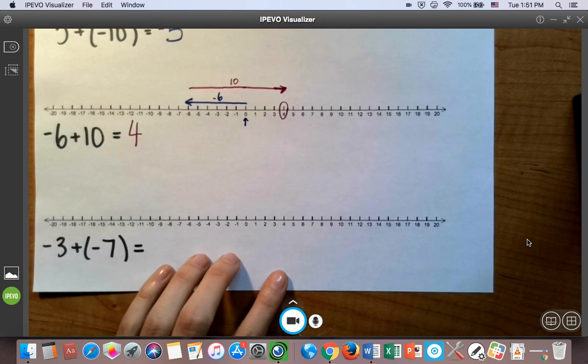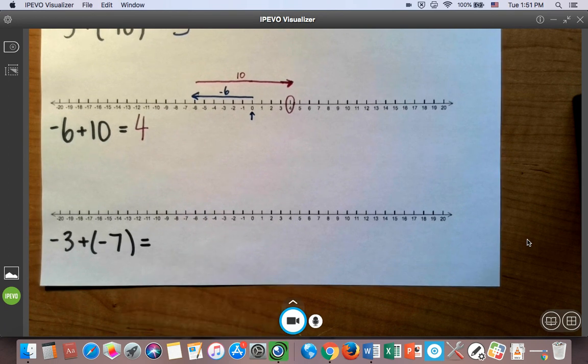Now, we're going to look at this last one here. I'm going to do the first step and then I'm going to pause. And I want you to pause this video and try to do it on your own. Either draw it on your own, or use your finger on your computer and try to solve it on your own. But what we want to do first, what does my addition problem say? -3 plus -7.